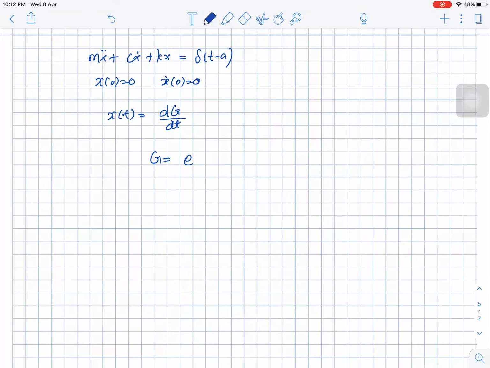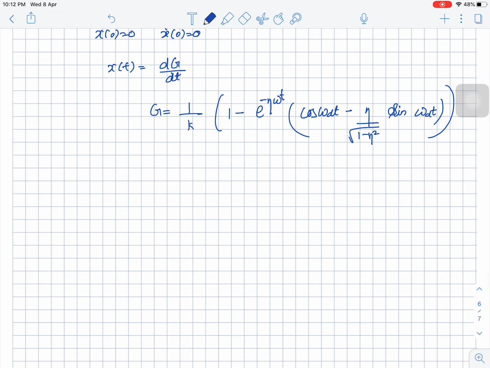So g is given by 1 by k, 1 minus e power minus eta omega t, cos omega dt minus eta by square root of 1 minus eta square, sin omega dt.